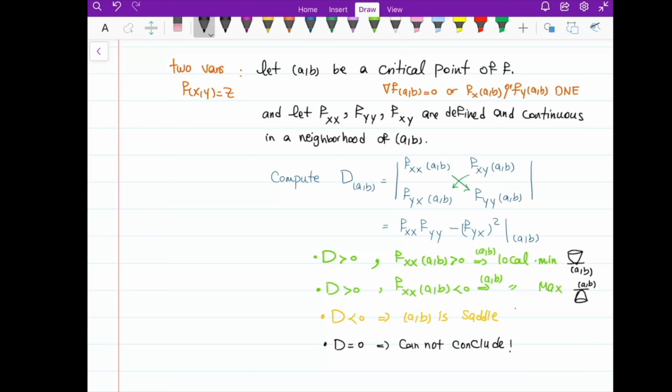And if we have a saddle point, we might get a saddle like this. Okay, so let's look at one easy example to just see how to apply this test.